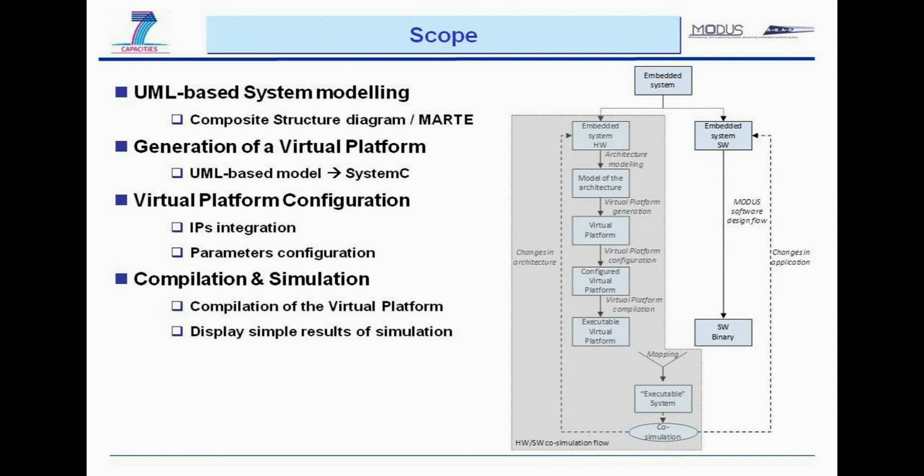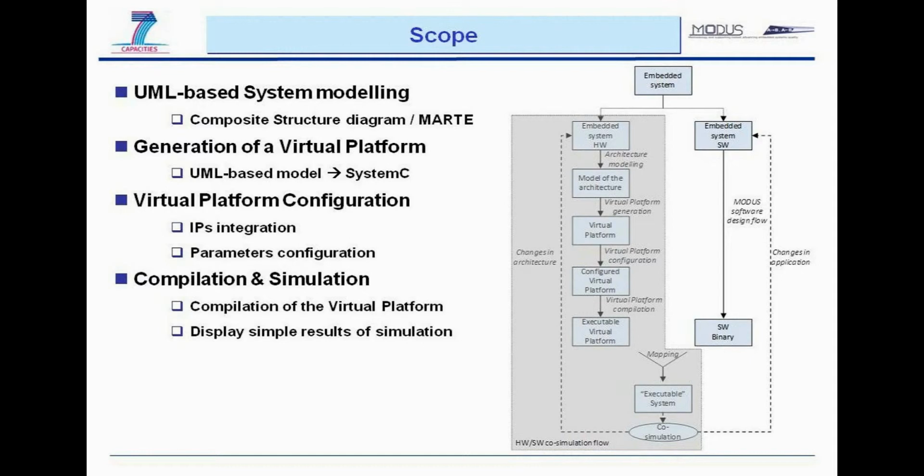This will cover the UML-based modeling of the architecture of the system, relying on both composite structure diagrams and the UML marked profile, the generation of the SystemC virtual platform from the provided model, the configuration of the generated virtual platform covering the integration of IP blocks into the generated virtual platform, and the configuration of the parameters of the platform. Finally, we will compile the virtual platform and present some simple results of the simulation.